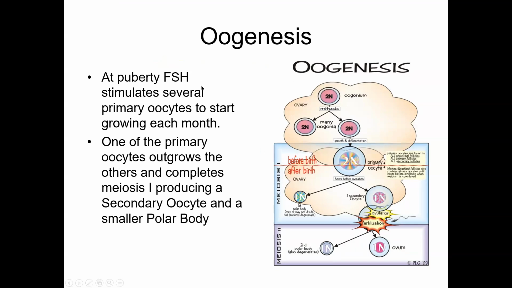Now, it mentions here that at puberty, follicle-stimulating hormone is going to cause the primary oocyte to start to develop. Remember I said to you that the oocyte is surrounded by a follicle, right? Something kind of like that. It's embedded in the follicle.